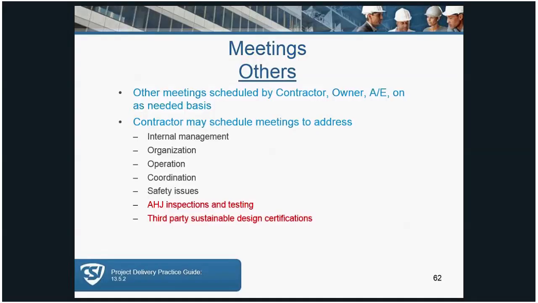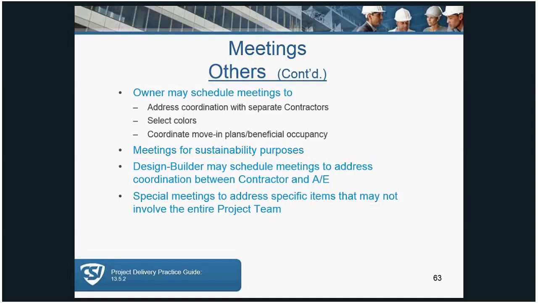There may be some other meetings that take place. You may have a special meeting with the fire marshal or the authorities having jurisdiction. If you have USGBC requirements that you're trying to comply with, there'll be third-party sustainable design certification meetings. So just be aware that there are other meetings that may take place.